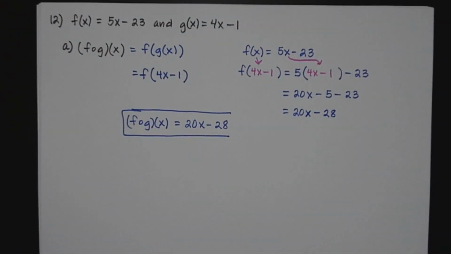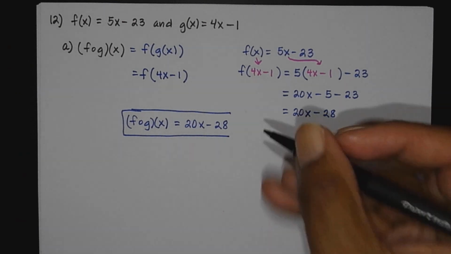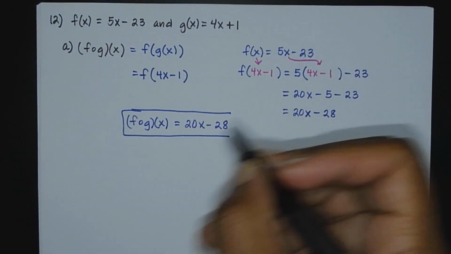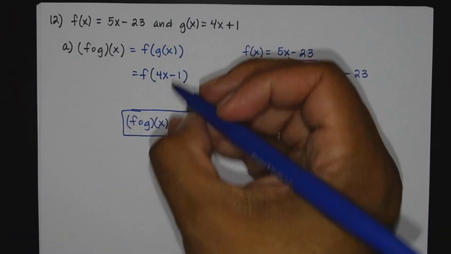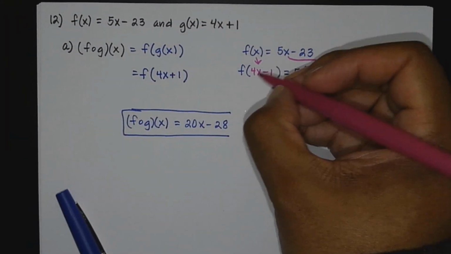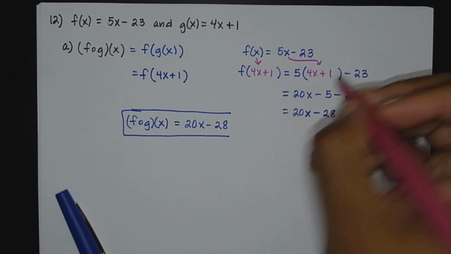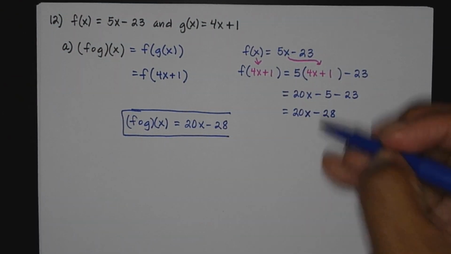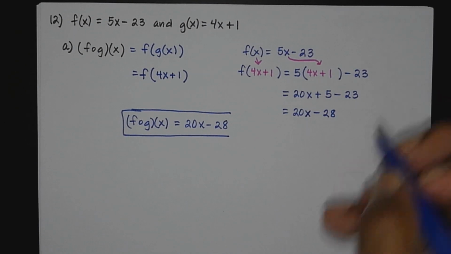Okay. Thank you very much. And you're right. So let me correct all of this. Let's be plus, plus, plus. So 5 times 1, that would be a plus 5.